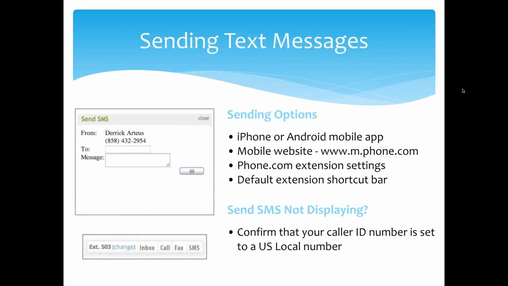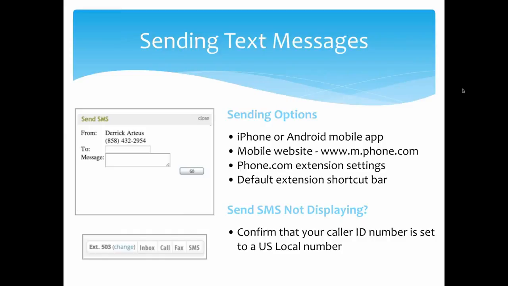All right, so let's jump on into the first topic, which is sending text messages from your account. There's 4 methods to do this. I will only be covering the last 2, but just to give you an overview of what's possible. You can send an SMS text message directly from the iPhone or Android mobile app that we offer. If this is an interest for you to set up, please let me know, and I can show you how to find that on either app store.